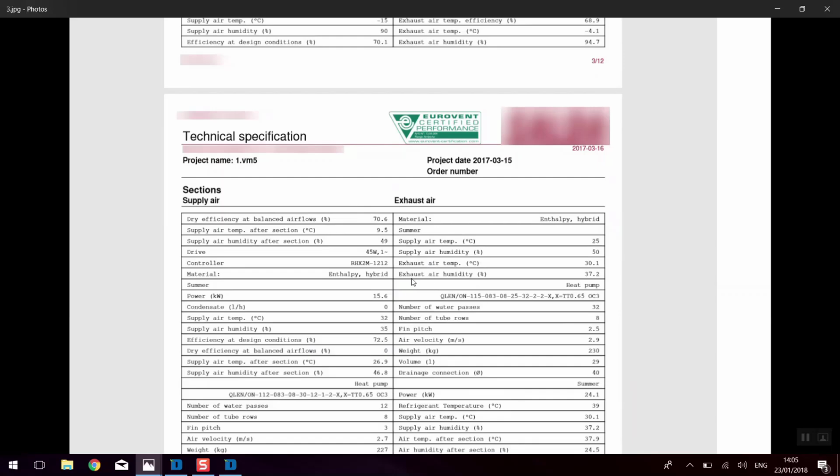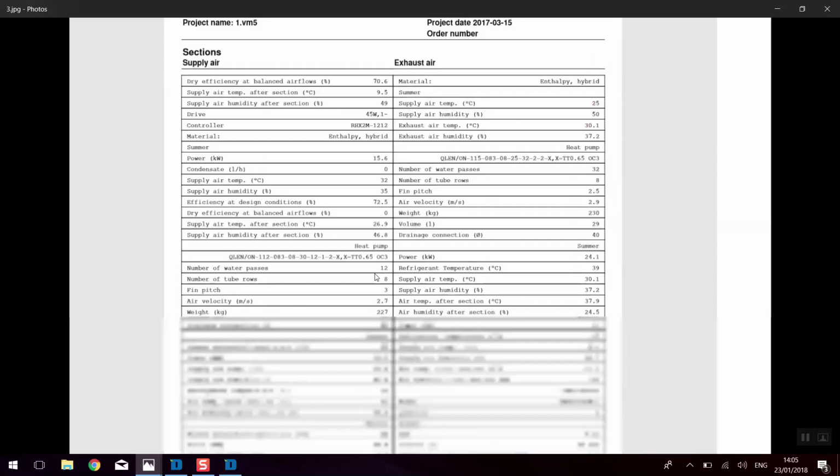Or yes, here it is, exhaust air humidity 37.2, and the material is written enthalpy hybrid, which means again this rotary heat exchanger is not sorption type, so maybe it will transfer some humidity during the winter time, but not in the summertime.